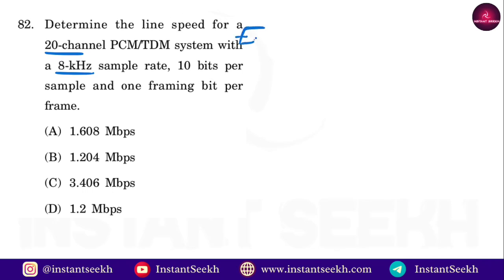Each channel, what is the frame rate that is going on? 8000 samples per second. Okay, and if we multiply this by the bits, okay, what is the bit rate per sample? 10 bits per sample.